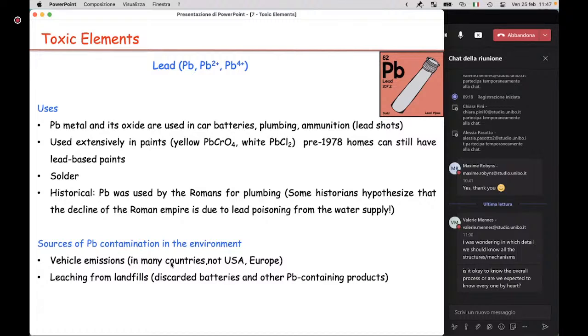So in some countries lead can still be present in the air due to vehicle emissions. And also, of course, from landfills, from discarded batteries and this kind of products, if we don't dispose of them properly.